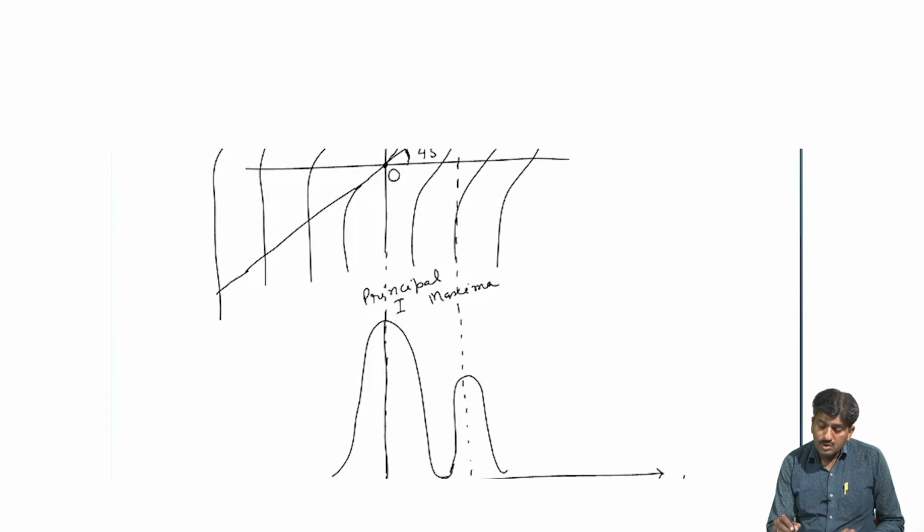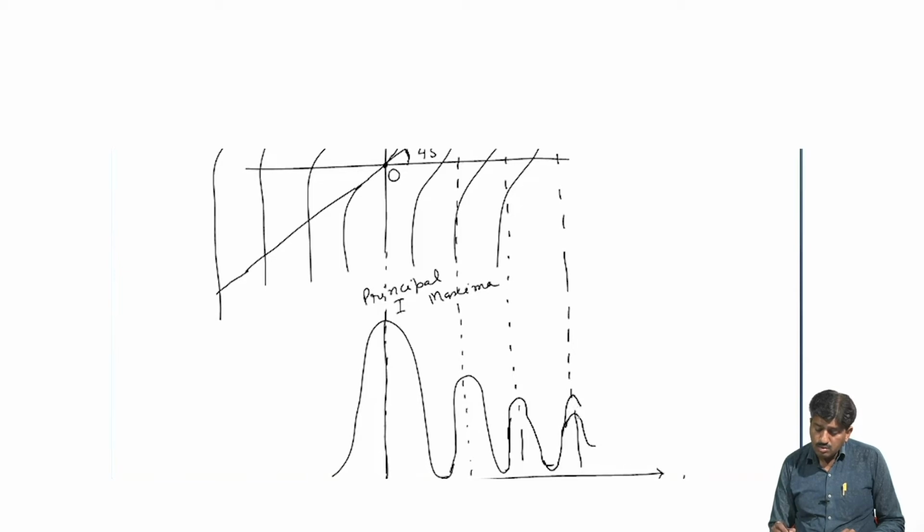After that, this intersection represents the second order secondary maxima, then third order secondary maxima: n equal to 1, n equal to 2, n equal to 3.